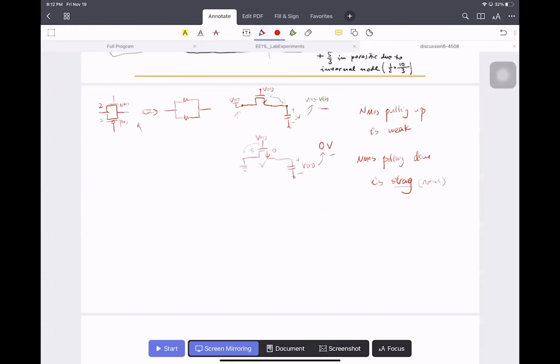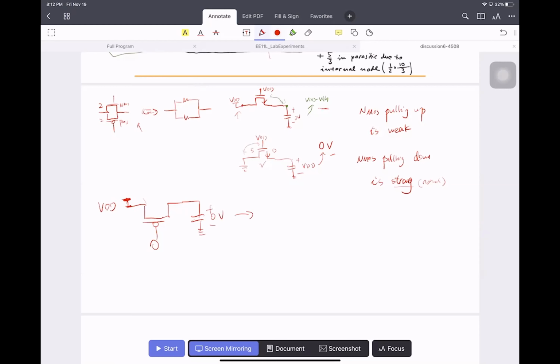For the PMOS, it's the opposite. Say you have a PMOS. If one node of the input is VDD, and the output is the voltage across the capacitor, initially at 0, what will the final voltage of the capacitor be?